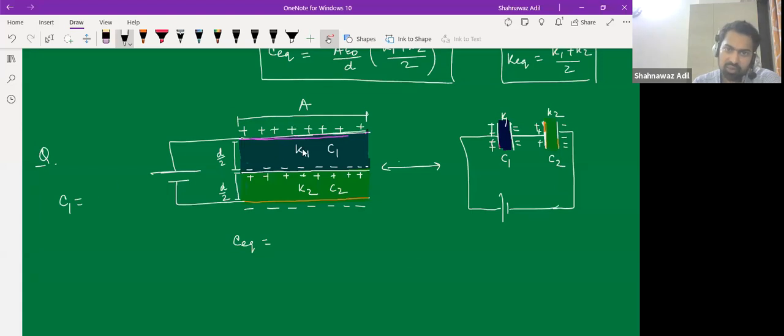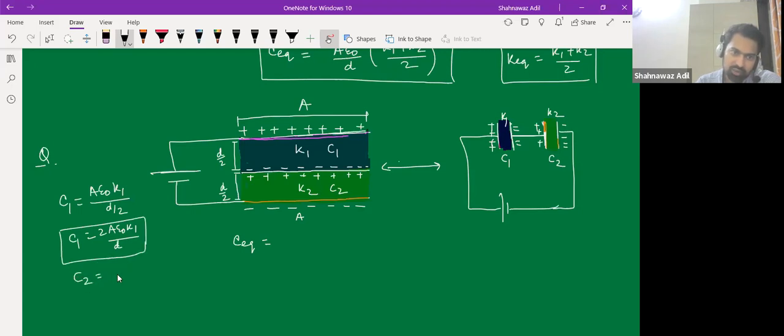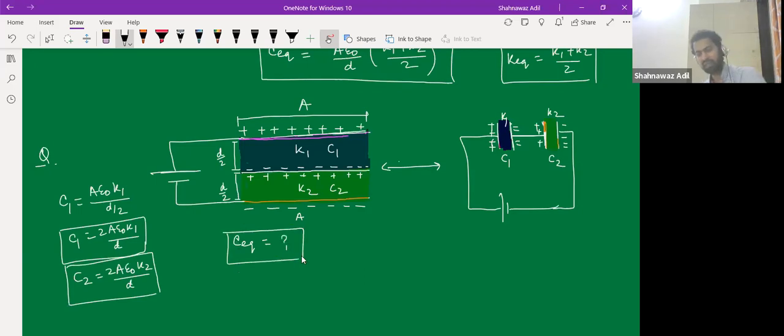The plate's area would be the same, so this is A epsilon naught K1 by distance. The distance would be d by 2. So C1 is 2 A epsilon naught K1 by d. Similarly, C2 would be 2 A epsilon naught K2 by d. So you have these C1, C2. Please find out C equivalent and tell.